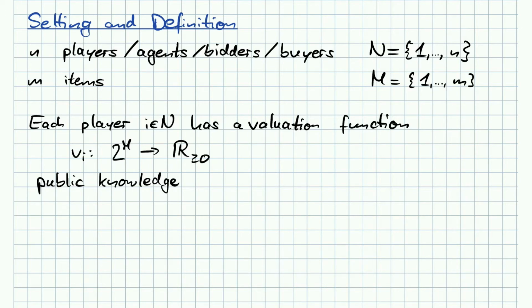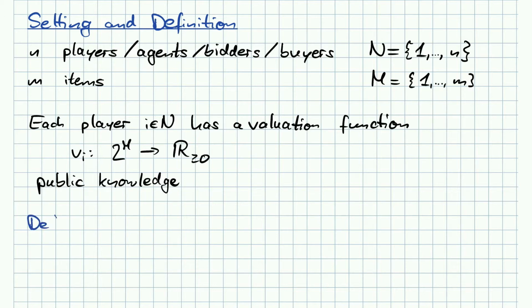Rather, we are interested in the question, do there exist good prices? And whether or not there exist good prices, this is formalized in the concept of a Walrasian equilibrium. It's called a Walrasian equilibrium after Leon Walras, an economist who introduced this concept.